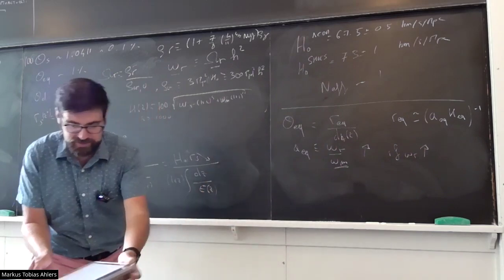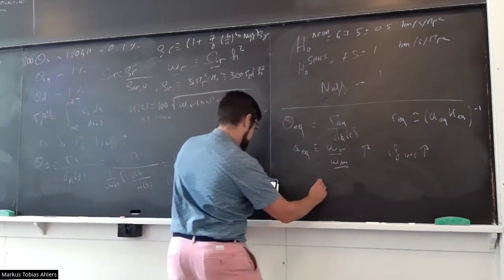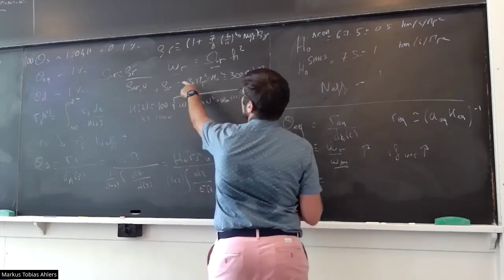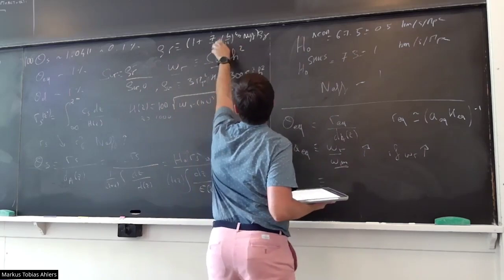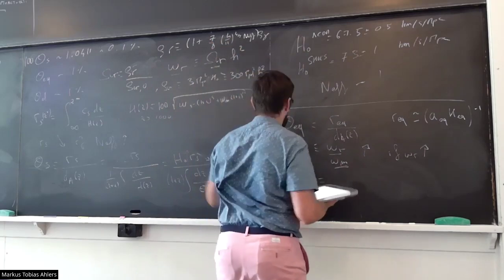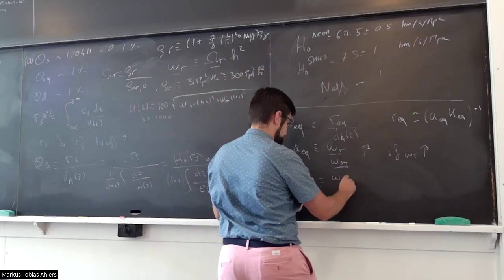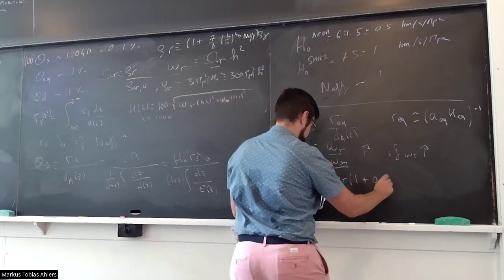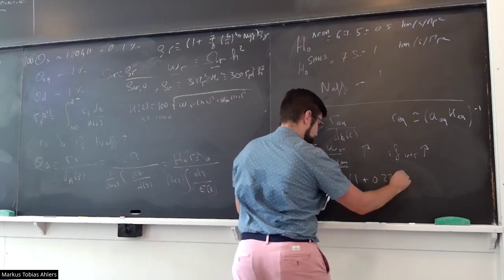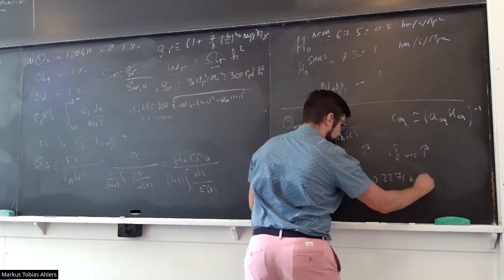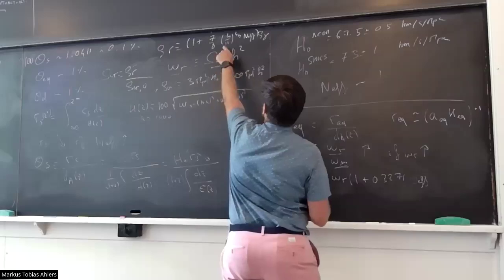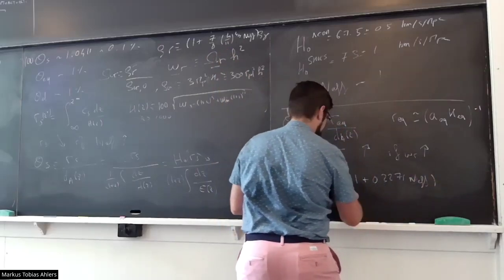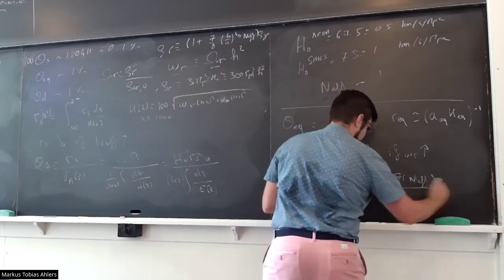Okay? And this is what we did yesterday. We had written that, so I can write that omega radiation, which is, again, this ratio here, you just plug in the numbers for that thing, and you get omega radiation scales like 1 plus 0.2271 N effective. Okay? And 0.2271 is this guy, omega gamma over omega matter.